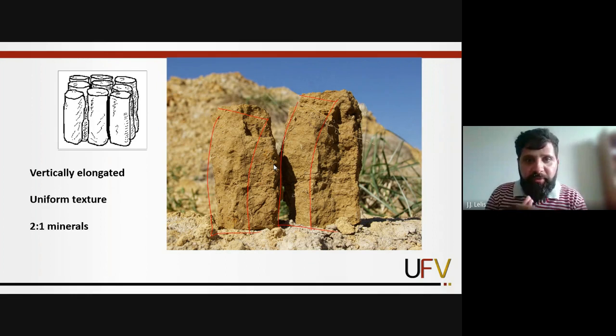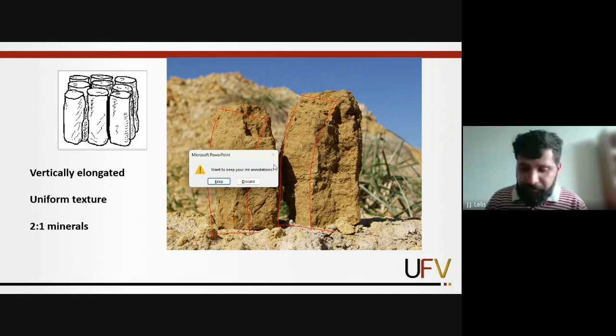So the process of increase and decrease of size changes the volume of soil and creates cracks in the soil, because when you decrease the size of these minerals, you decrease the volume of soil, and especially vertical cracks, because you have a gradient of water in the soil.